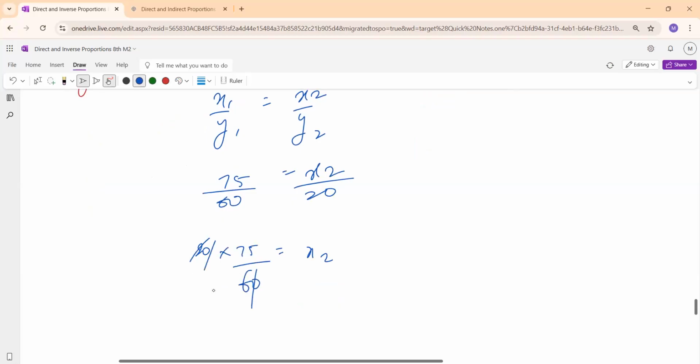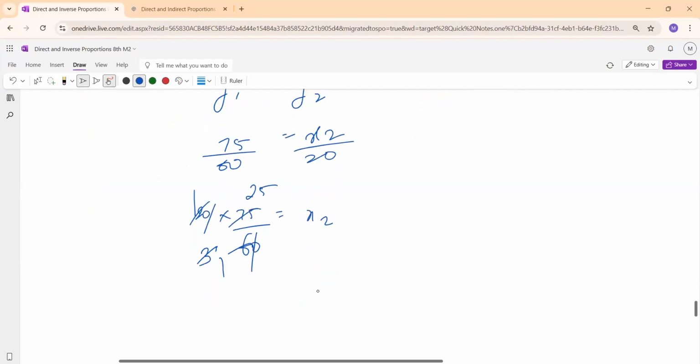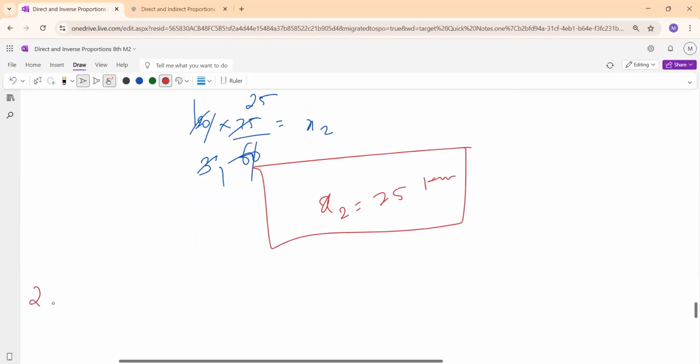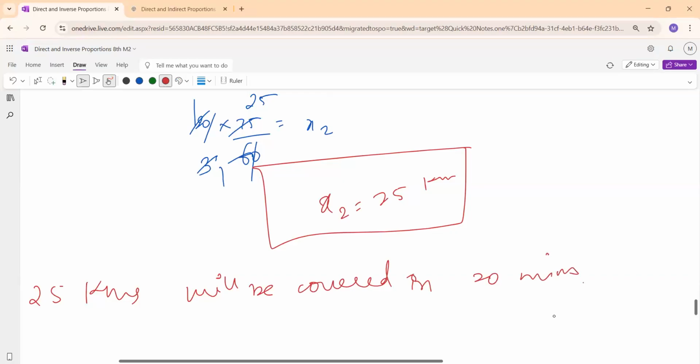Cancel 0 and 0. 2 ones are 2, 3 threes are 3 ones are 3, 25s are. So x2 is therefore coming as 25 kilometers. So 25 kilometers will be covered in 20 minutes. I hope this is clear to all of you.